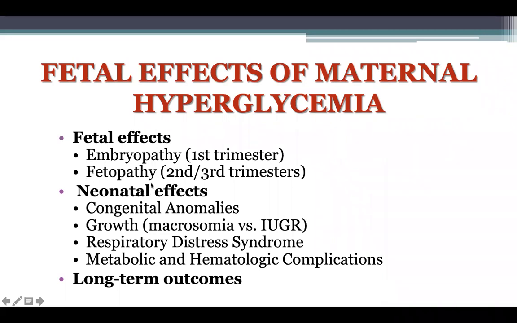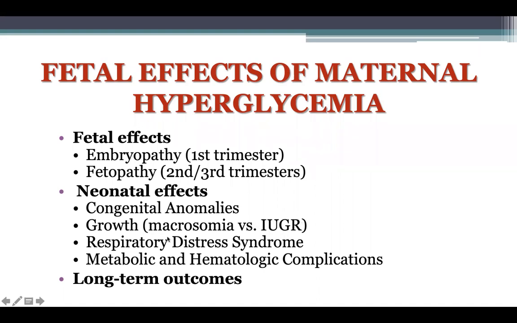What we see in the neonatal age group is congenital anomalies, if it occurs because of the first trimester, or even growth disruption. For example, macrosomia, if it is second or third trimester. If there is early hyperglycemia or diabetic nephropathy in the mother, you can see even IUGR in an infant of diabetic mother.